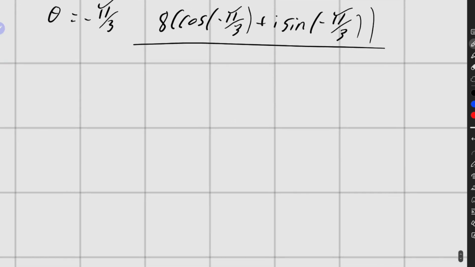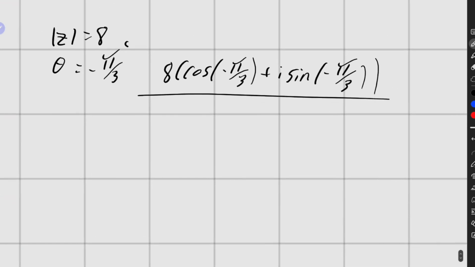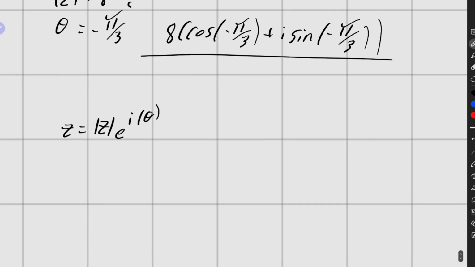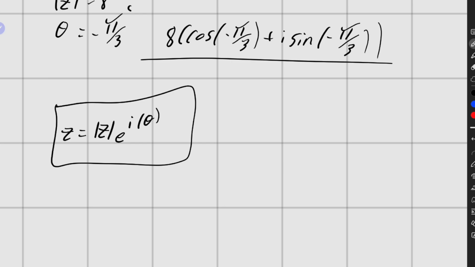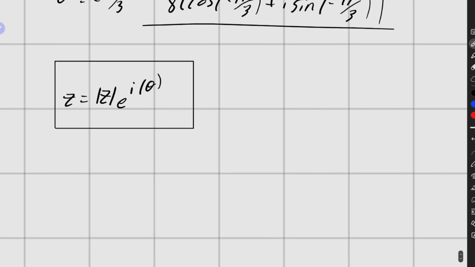Alright. So now that you know what polar form is, Euler's form says this: z equals modulus of z e to the i theta. Now it's as simple as substituting in these values, so I won't explain this too much, just copy it down and make sure you can remember this, alright?